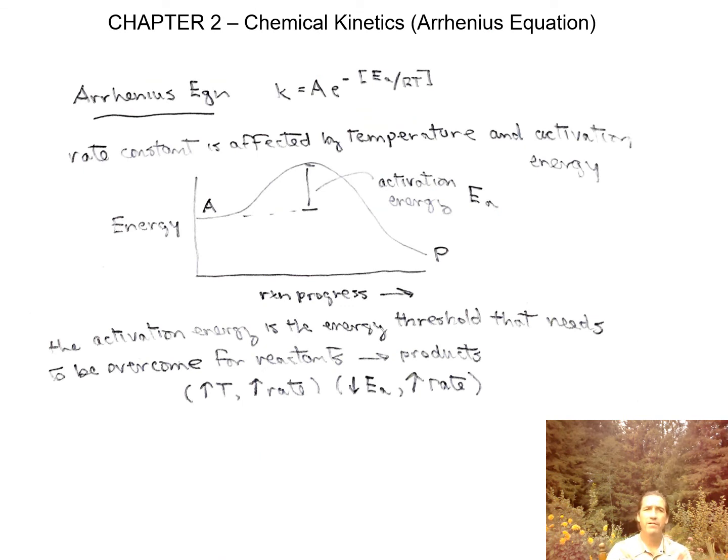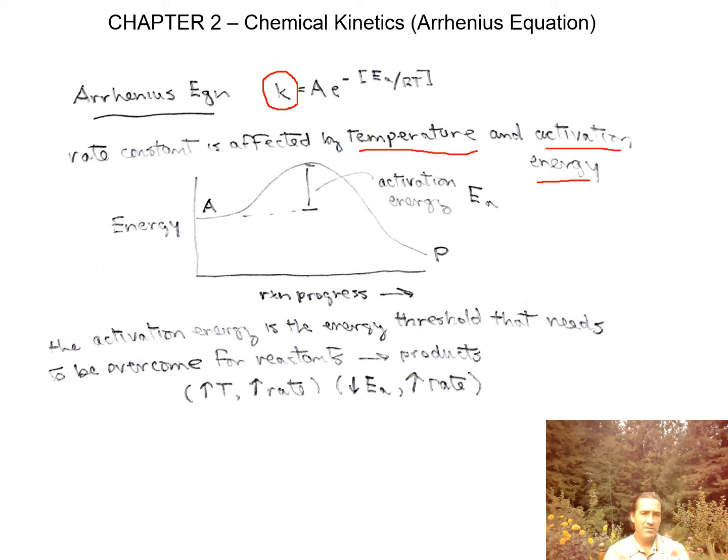Last topic, Arrhenius equation. I just want to remind you that the rate constant is constant over time. However, it can be affected by temperature. The rate of reaction can be affected by temperature, and it can be affected by the value of the activation energy.